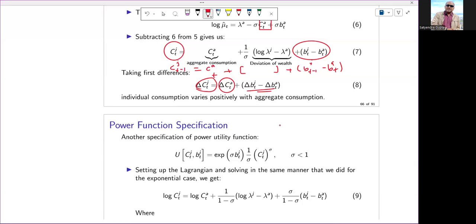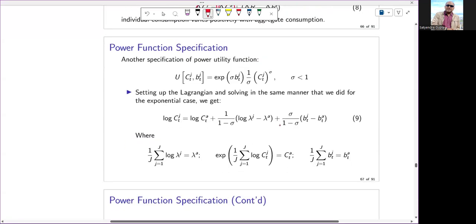But before going to that, we are going to discuss another utility function that she discussed in her paper, that is the power utility function. In this, she has taken utility to be given in this form. It looks quite complicated, but that's perfectly fine for us.